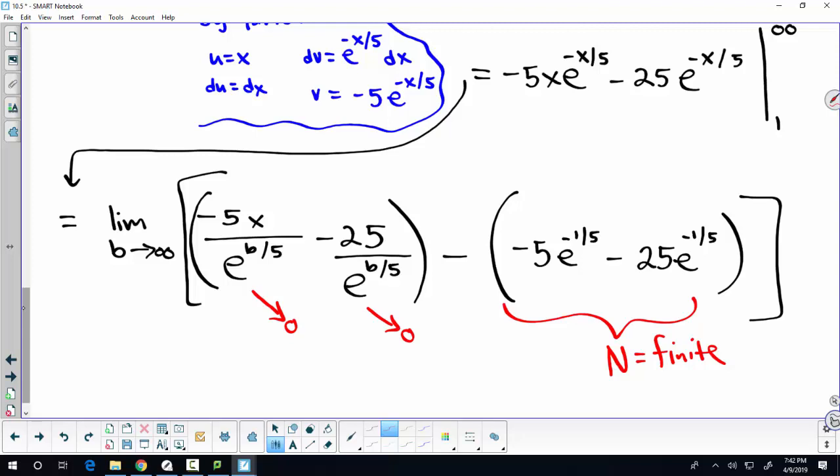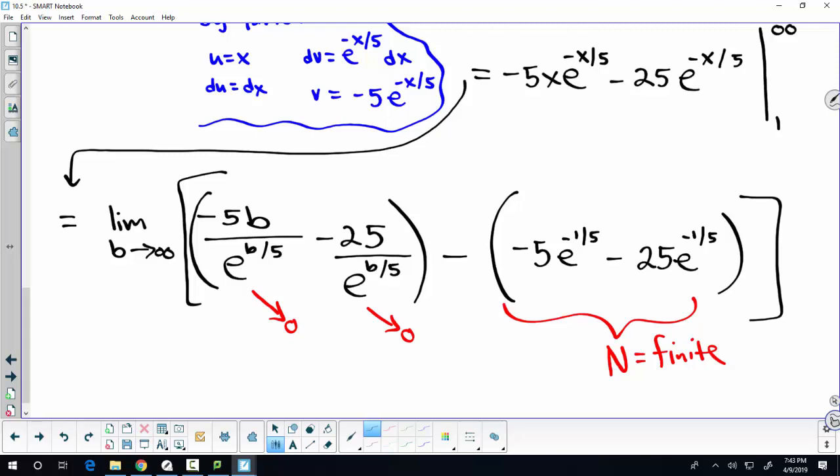Should that be a b? Negative 5b. Yeah, if it's up top, we put it down below. That should be negative 5b. Oh, yeah. That's what I'm saying. Thank you. We plugged the b in for the x, so it should be minus 5b. Growth rates tell us that goes to 0.